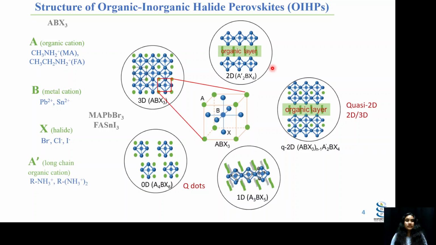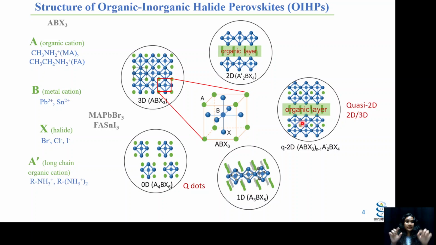If it consists of A and A dash, we have an intermediate phase between 3D and 2D perovskites known as the quasi 2D or the 2D mixed 3D perovskites. 3D perovskites have growth in all three axes. 2D perovskites have growth only in two axes, whereas the intermediate one could be a mixture of 3D layers separated by organic layers, just as in the case of 2D.